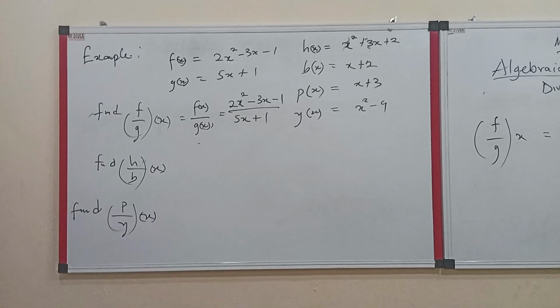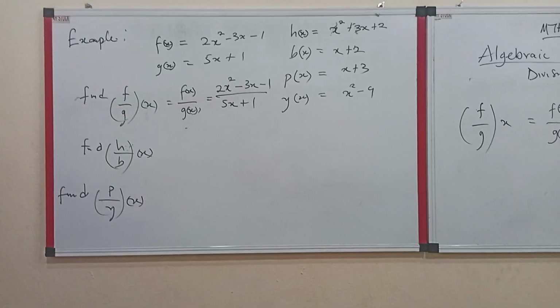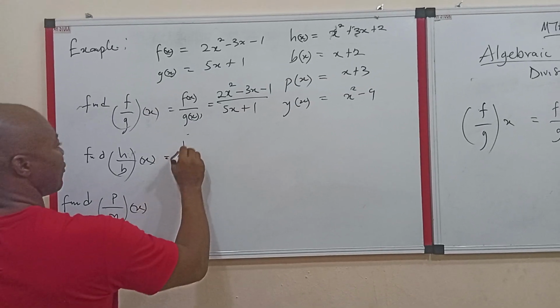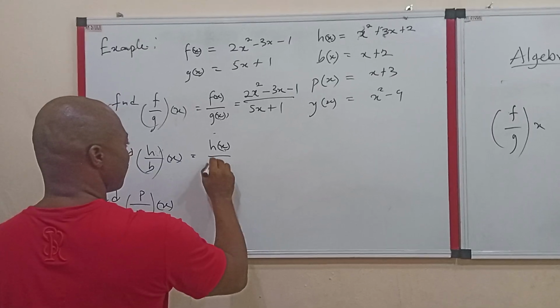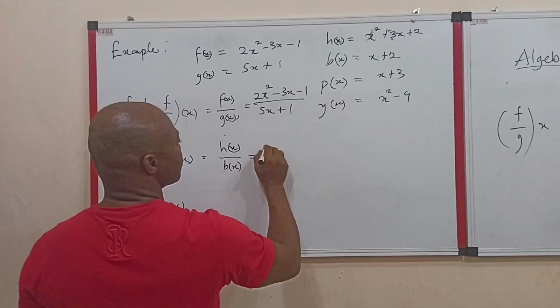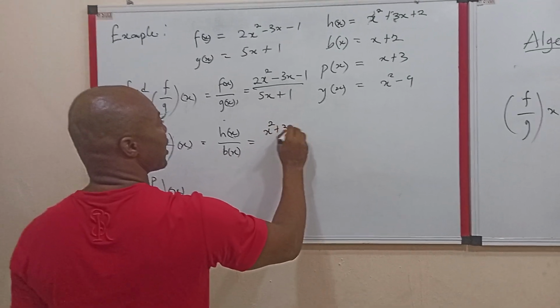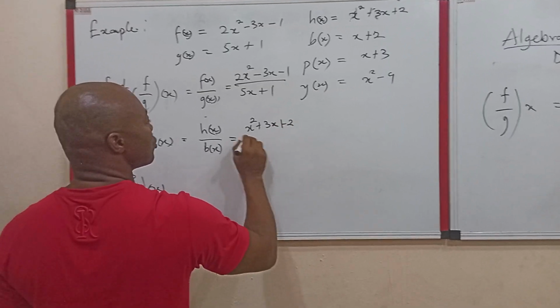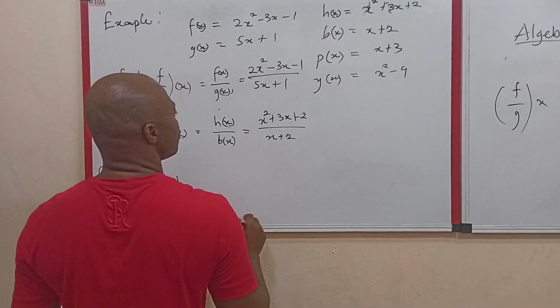The other one that we have is h over b of x, meaning that we have h of x all over b of x. And this is equal to x raised to the power 2 plus 3x plus 2 all over x plus 2.